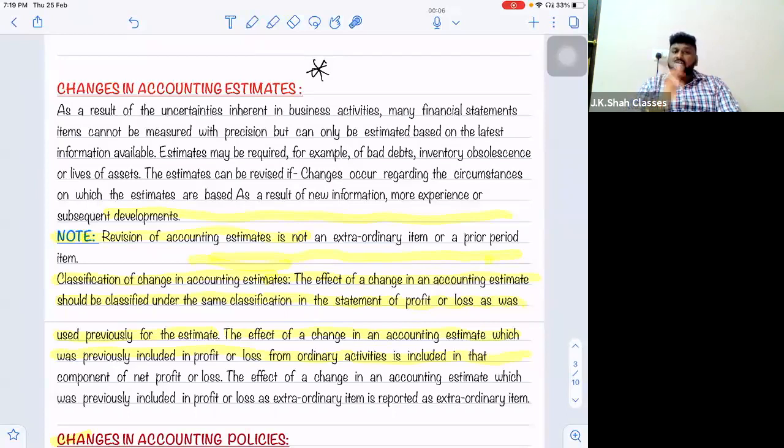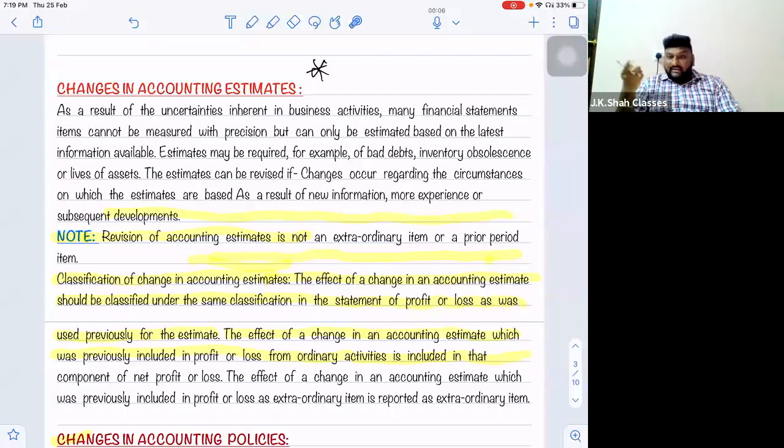It can run for 2 or 3 years maximum. Now, in the beginning of the third year you decided that life will be 8 years, but because of the change in situation, the life can be only 3 more years. So the estimation changed depending upon the current situation. Accordingly, you will depreciate your asset in the next 3 years only.